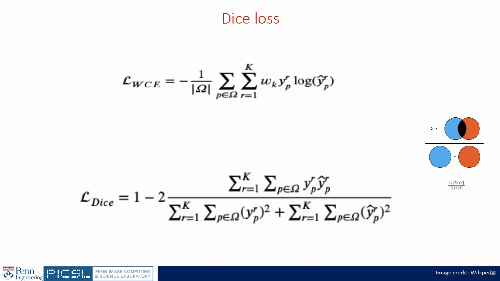Then you sum across all the labels and your entire image. Think of it as your actual labels times the log of the probability of your predictions. You sum them up over your image domain and get a single value through which you can compute the backpropagation.